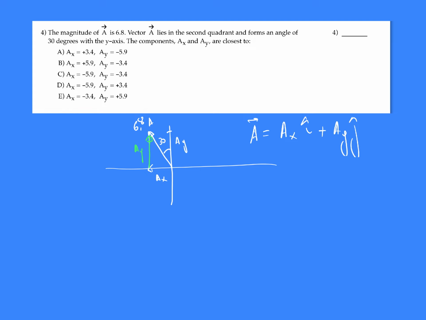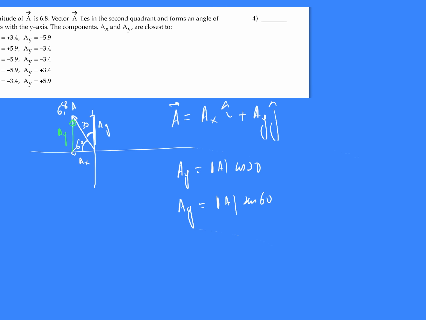From the picture I can see that ay is the magnitude of A times the cosine of 30. In this case it is the cosine of 30 because the angle is here. If you want to put the angle here, this angle will be 60, and ay will be the magnitude of A times the sine of 60, and it is positive.